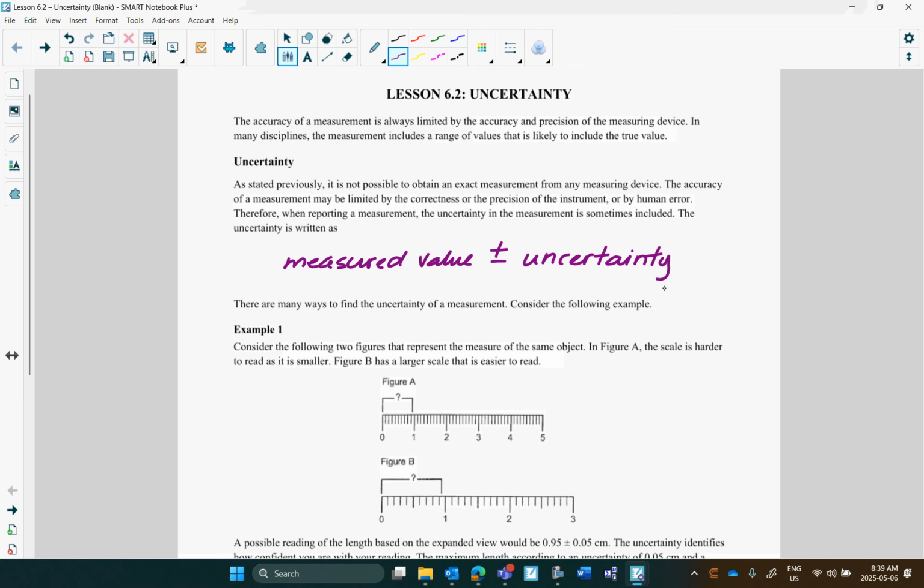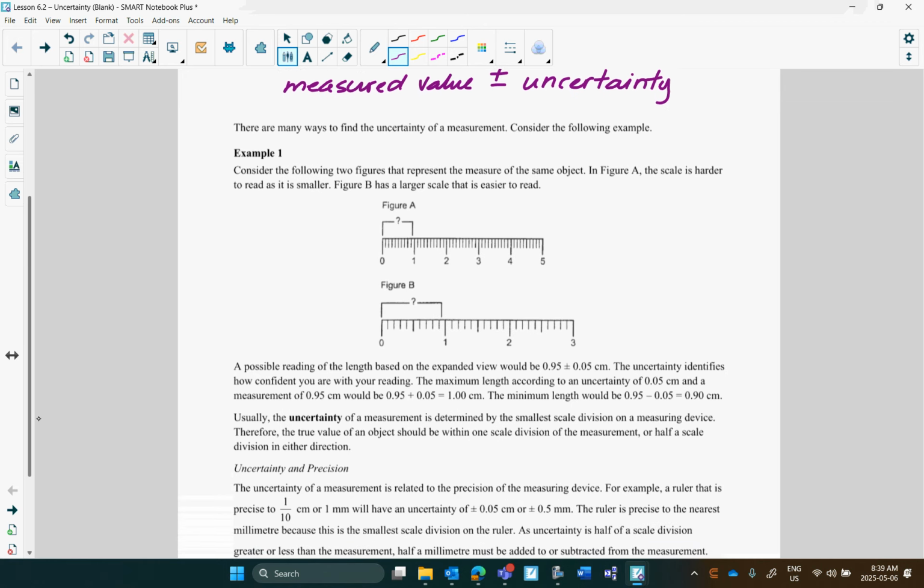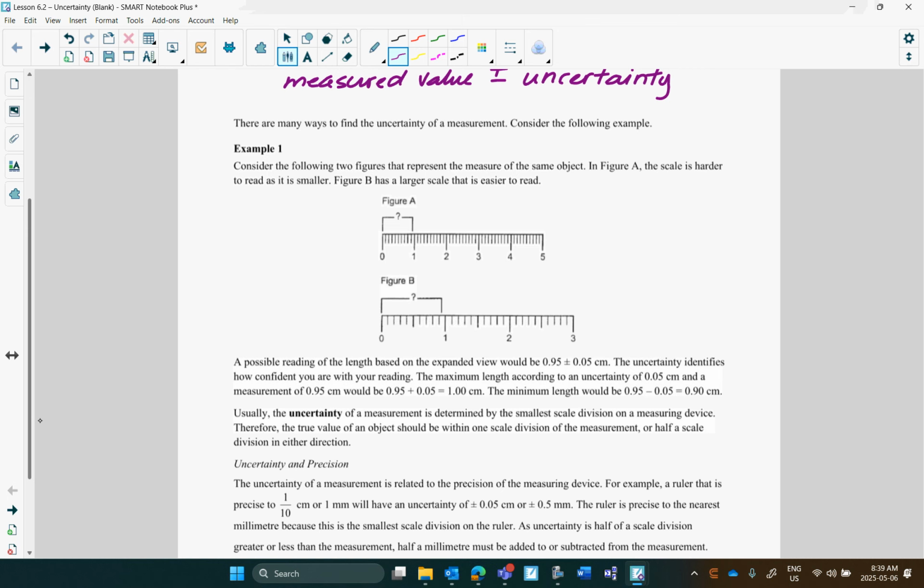So how do we find the uncertainty of a measurement? Well, it depends. If you look at this example, we've got two figures measuring the same object. It's just that figure B is more blown up than figure A, so figure B would be a little bit easier to read.